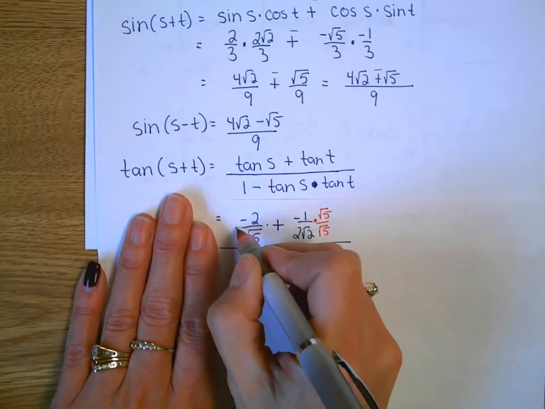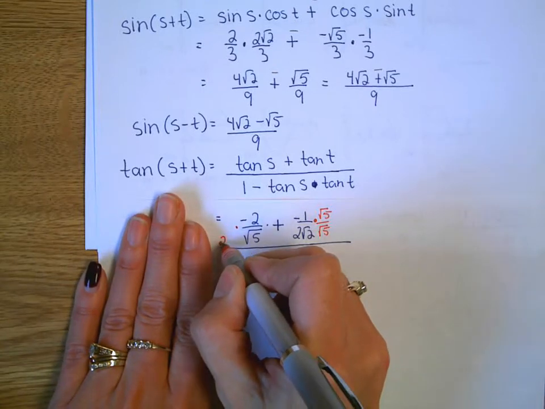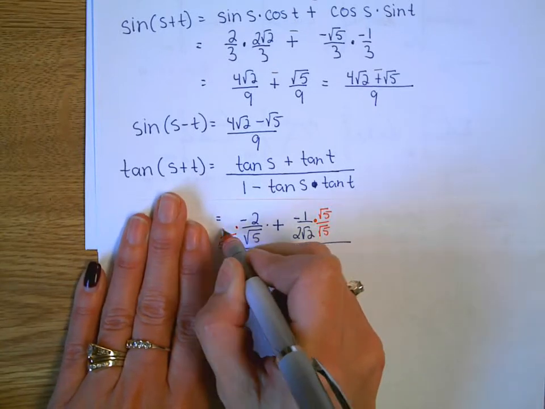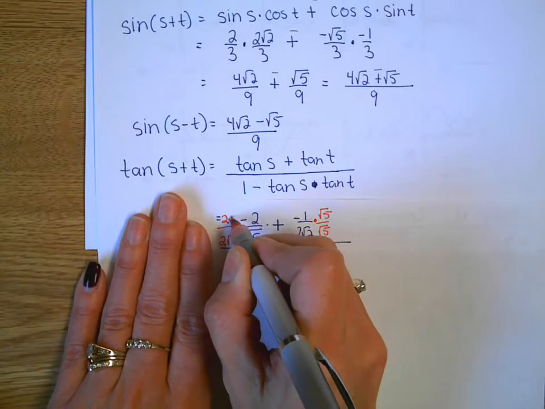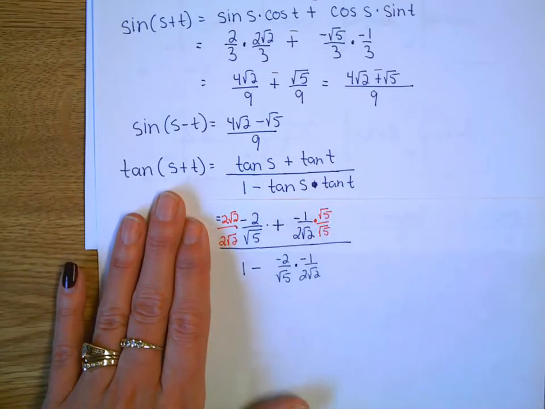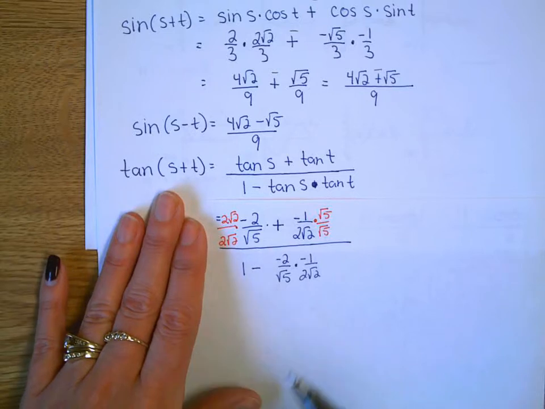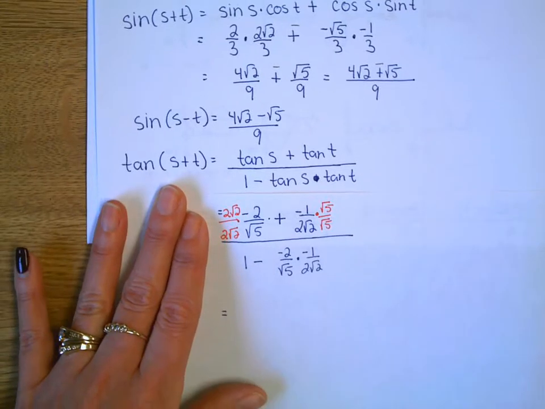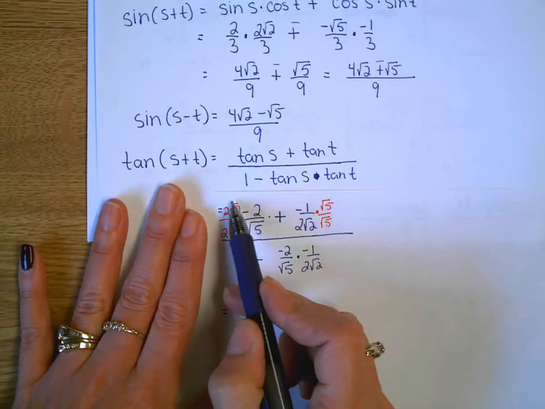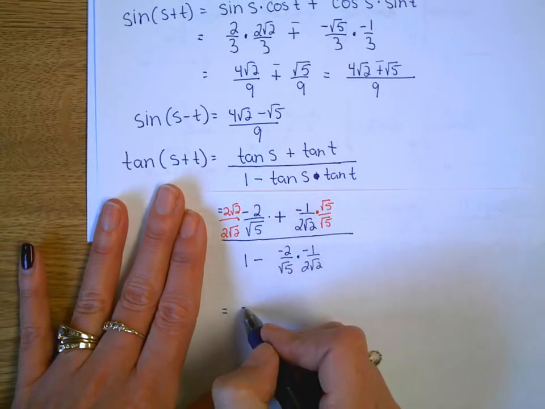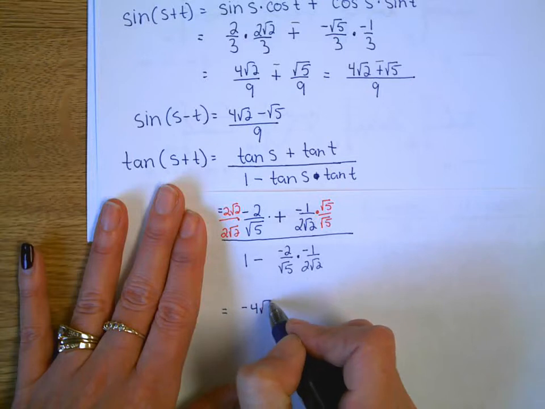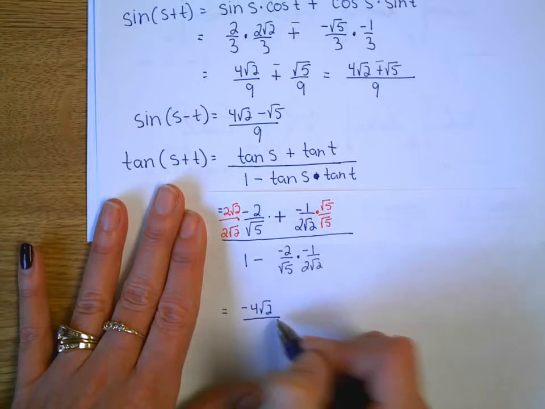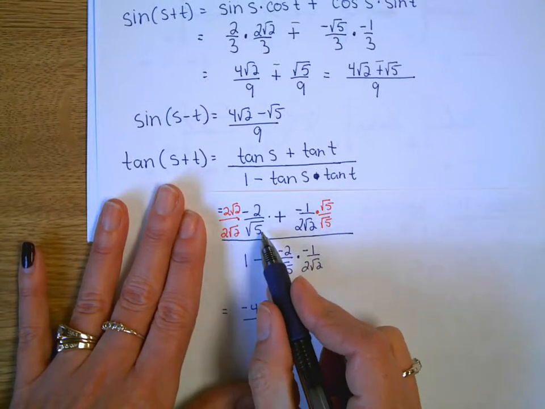The first one needs to get hit with what? 2 times square root of 2. And we're multiplying, so just take your time. What's this first numerator going to turn into? Negative 4 times square root of 2 all over 2 square root of 10.